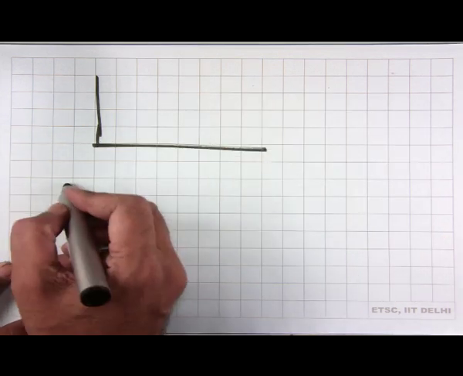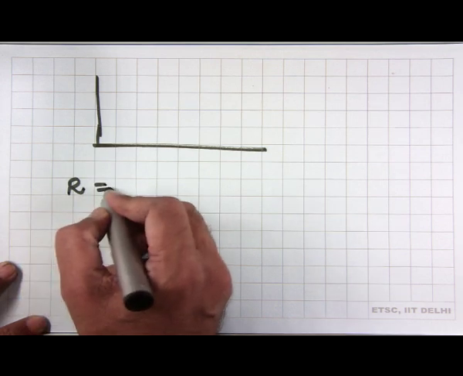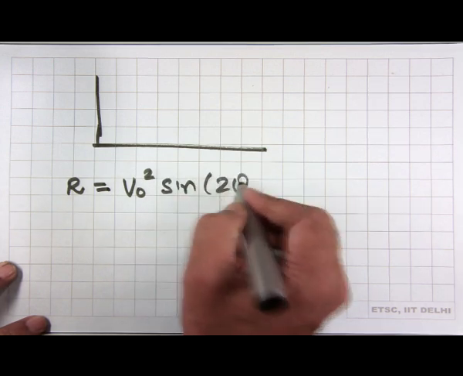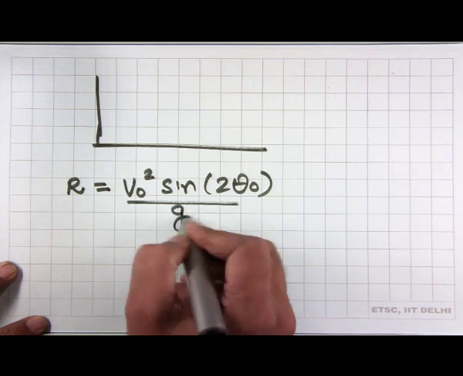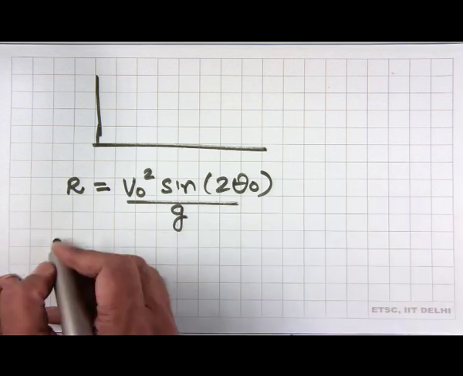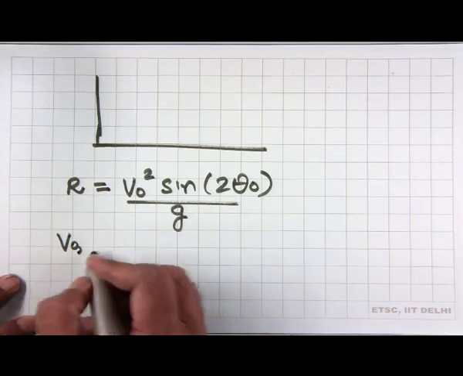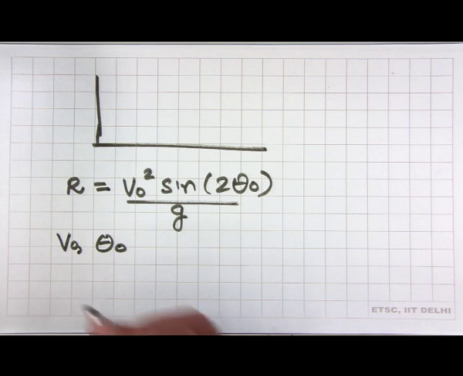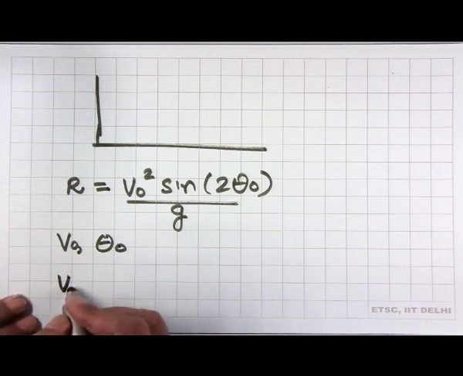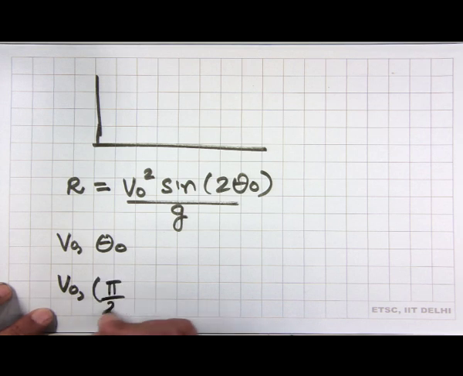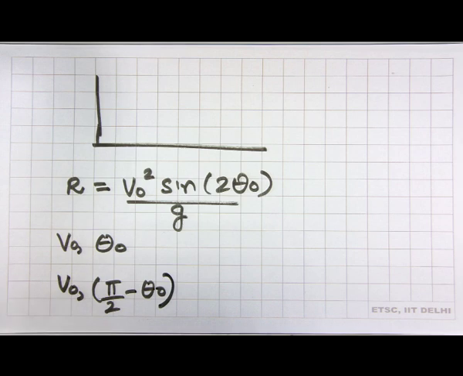Now, there is one more thing one can see in projectile motion. Let us look at the formula for the range. It tells us range is equal to V0 square sin of 2 theta 0 by g. Now, if we are given the value of V0 and theta 0, that means there is one particular velocity and theta 0, and let us look at another projectile which is thrown with the same initial speed V0, but at an angle of pi by 2 minus theta 0.